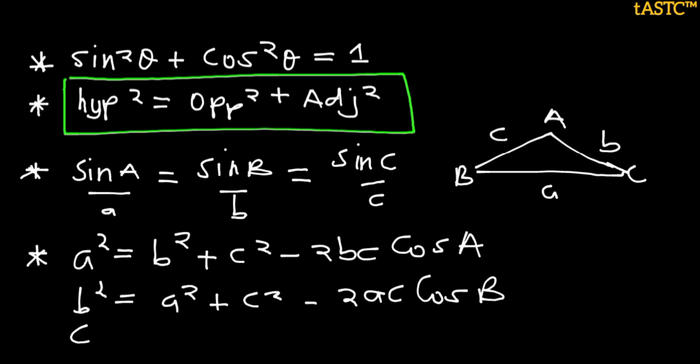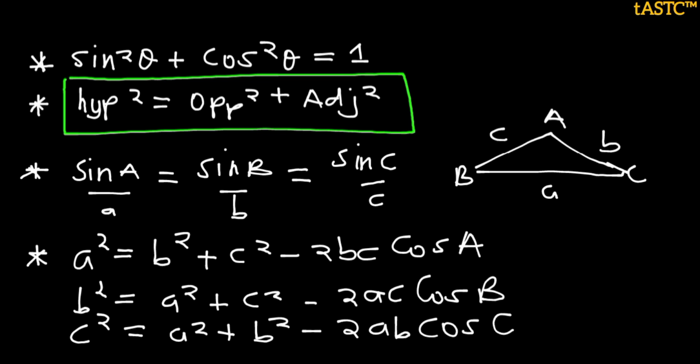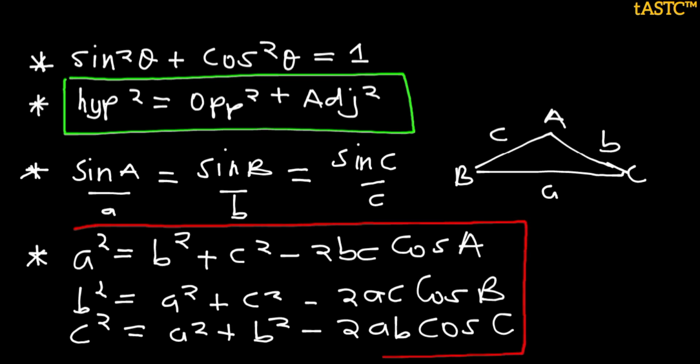Lastly, I could also find the side c. That will be c squared equal to a squared plus b squared minus 2ab cos C. So these are the three forms in which you can express this rule. This is called the cosine rule, and it's very important.